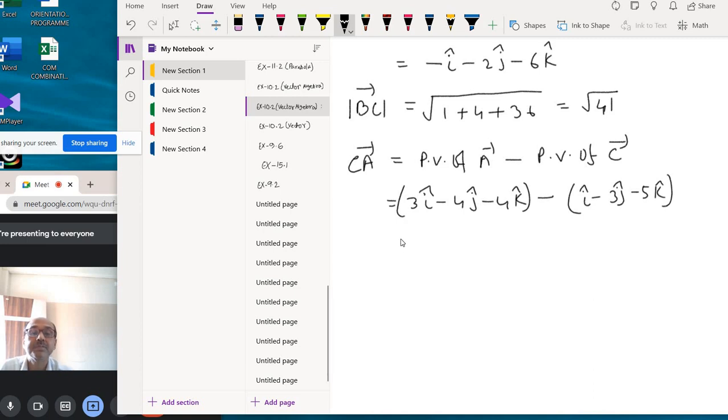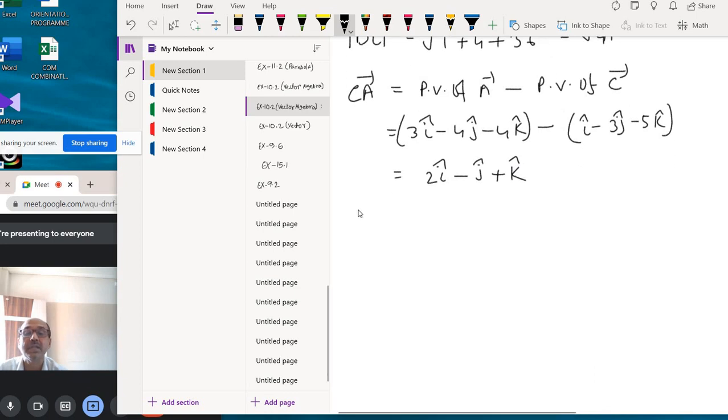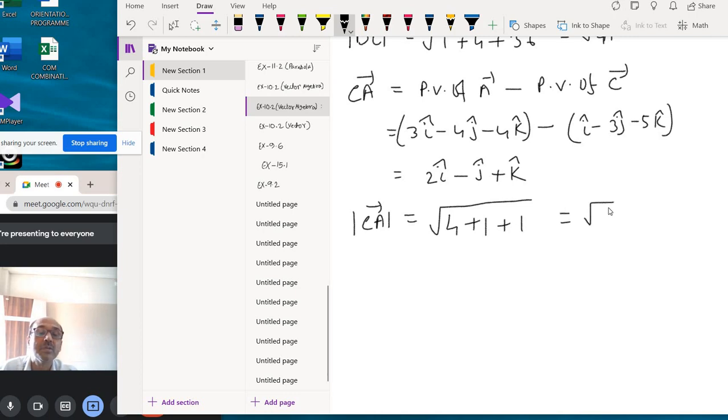This equal to 3i minus i, 2i, minus 4j plus 3j, minus j, minus 4k plus 5k, so plus k. So 2i minus j plus k. Now magnitude of this vector, that is CA, magnitude equal to under root 2 square, that is 4, plus minus 1 square 1, plus 1 square 1, equal to root 6.